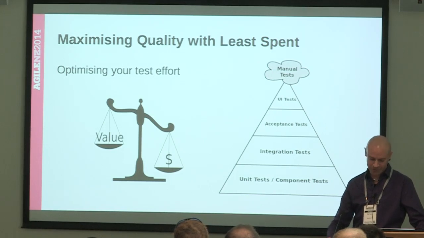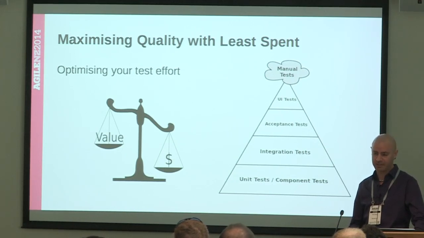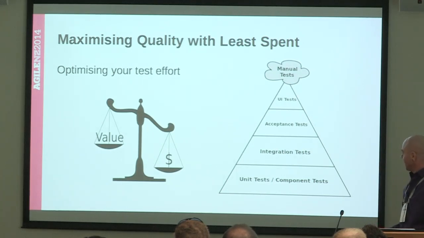But one change I've seen over the last few years is that your UI tests are basically being used for your user acceptance testing. They're actually becoming cost effective again in a lot of cases, because they're running on a lot of different platforms.